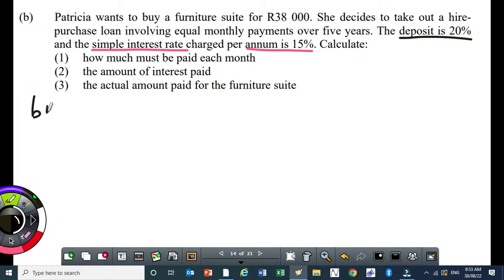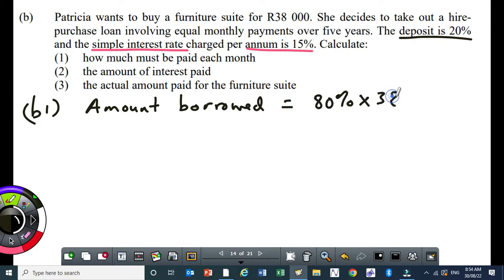So for B1, amount borrowed. The amount borrowed is going to be 80% times 38,000, because she paid 20%, which means she borrowed 80% of it. Or you can calculate 20% of 38,000, then subtract that from 38,000. But I'm just doing it one way. So I'll calculate 80% of the 38,000.